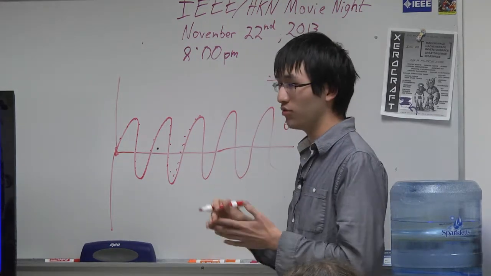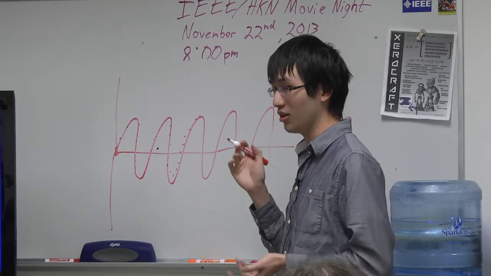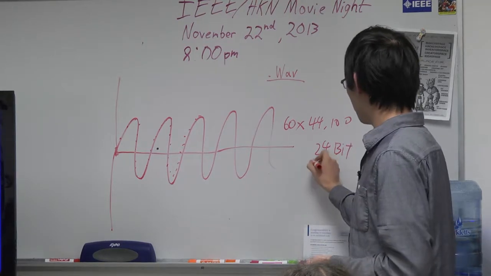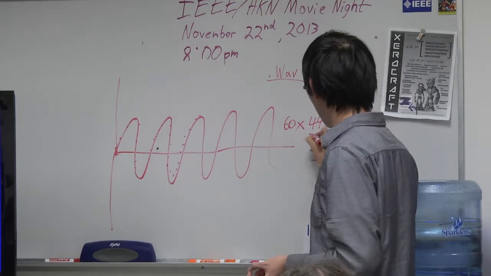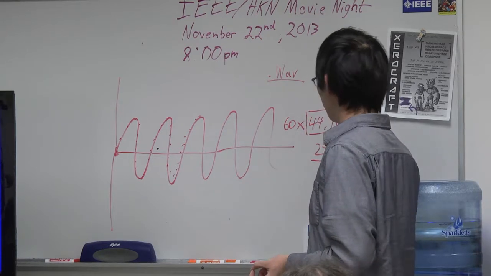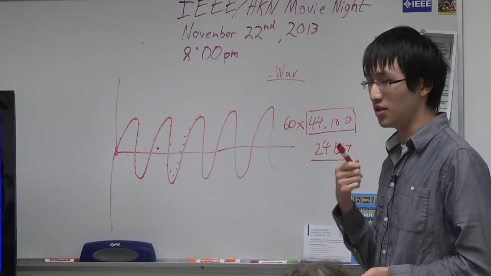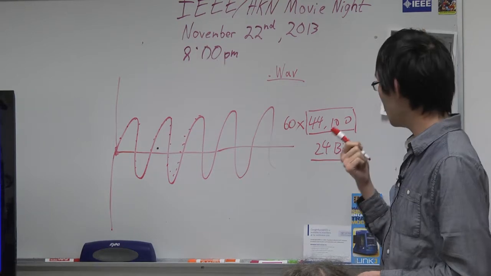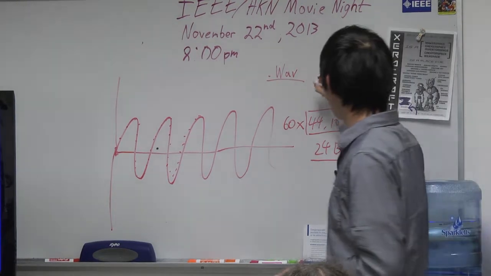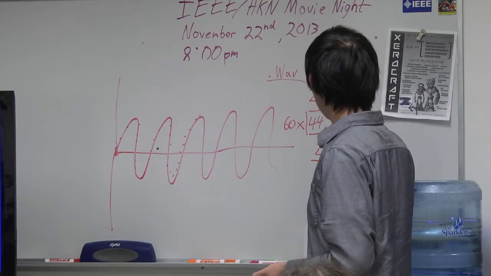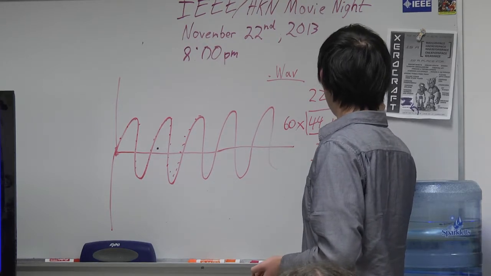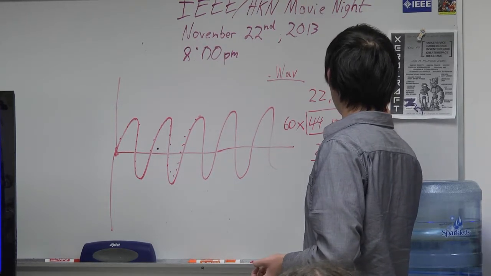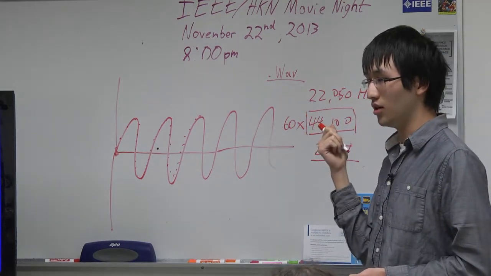But that's why WAV keeps full fidelity. First of all, you have 24 bits to represent the amplitude. And second of all, 44,100 samples per second can represent sound up to about 22,050 hertz.